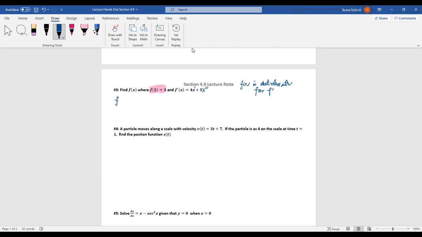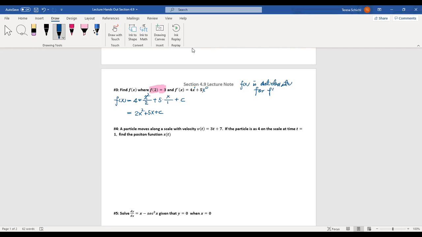So f of x, the antiderivative, will be equal to 4 times, 1 plus 1 is 2, x to the 2, plus 5 times x to the 1. Don't forget it has c. This is our general solution, right? So this is 2x squared plus 5x plus c.